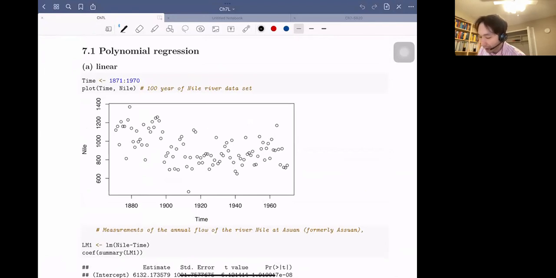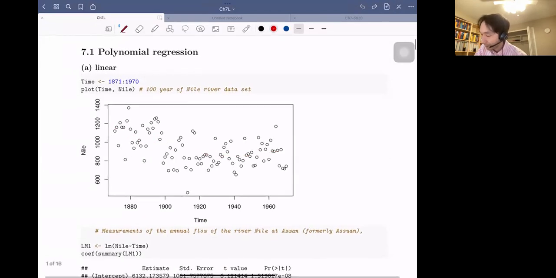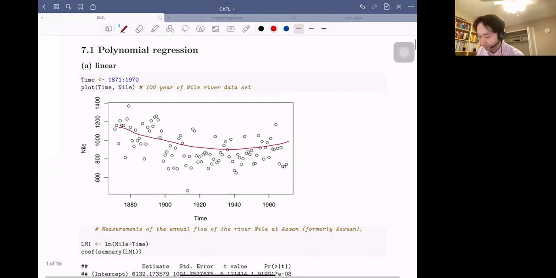So the Nile River water level is going down, but we have some complicated pattern. Probably this higher period and lower and slightly higher here, like this. So we want to fit a curve on this.